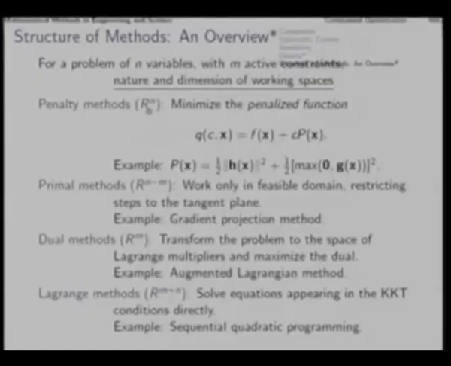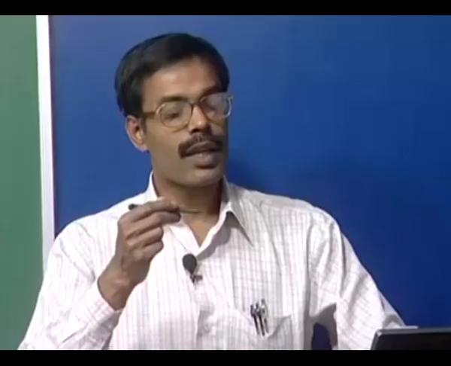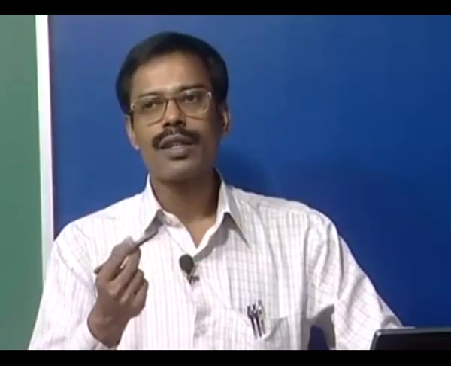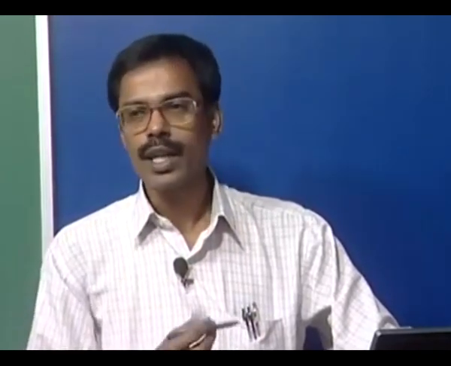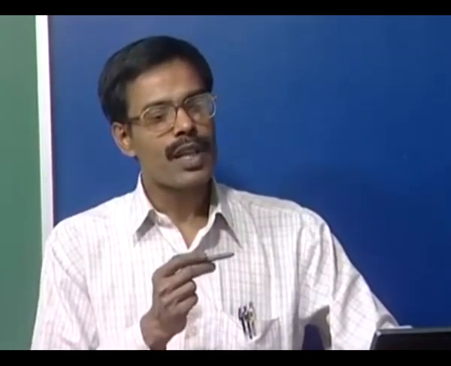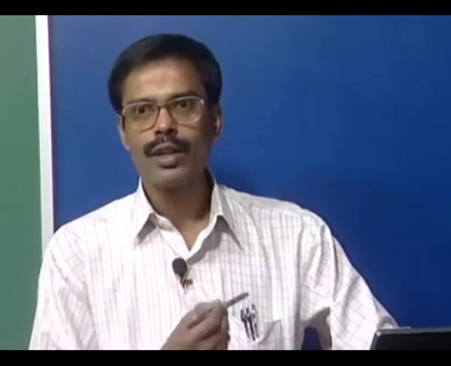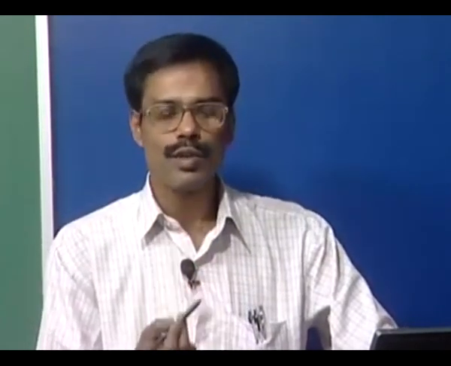Now, these methods have one advantage over penalty methods. In the case of a penalty method, a premature termination gives a result that is in no way useful, because the result may be a point which is not yet feasible.